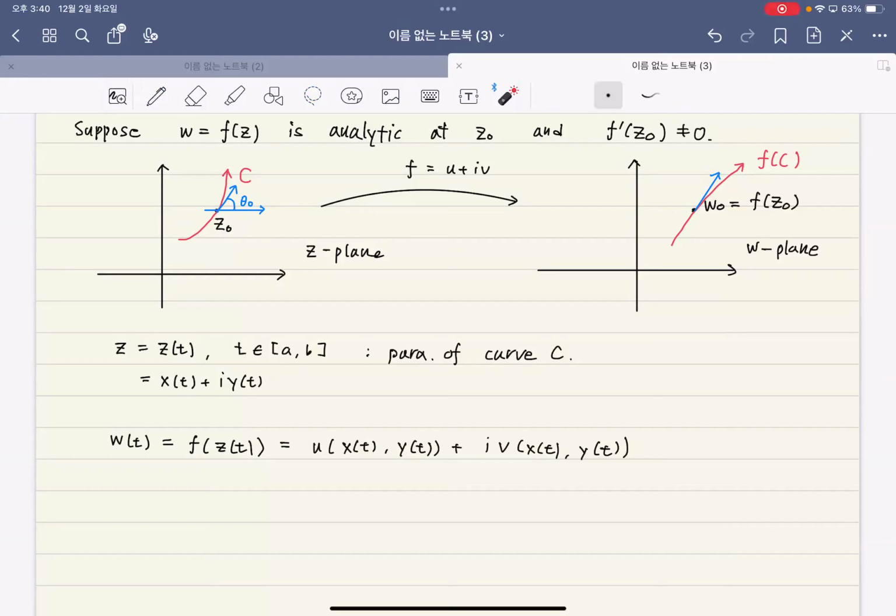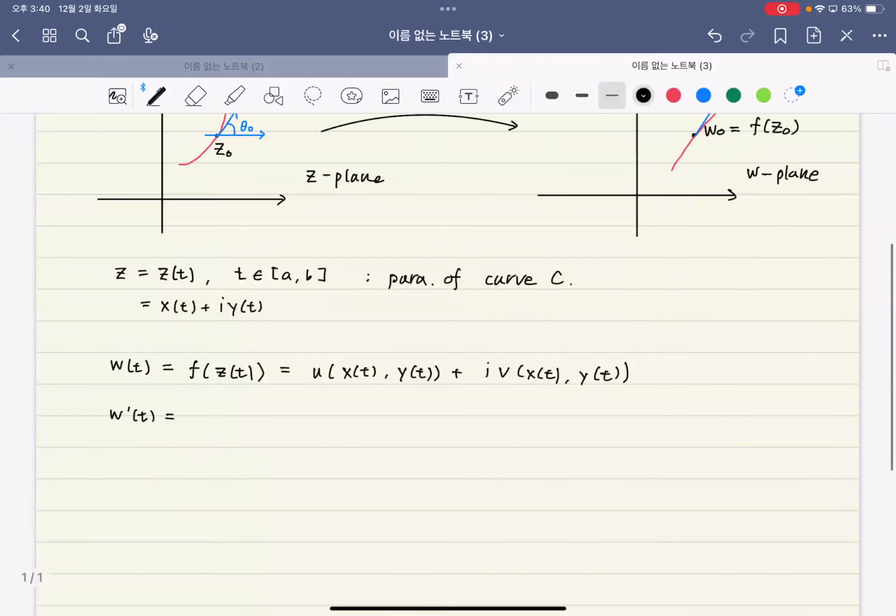Now what I want to do is consider this tangent vector, which is tangent to this point of the curve f of C. So in order to find that, we actually need to take a derivative of this parameterization w of t. Since this has two component functions, I will need to take advantage of some knowledge from multivariable calculus.